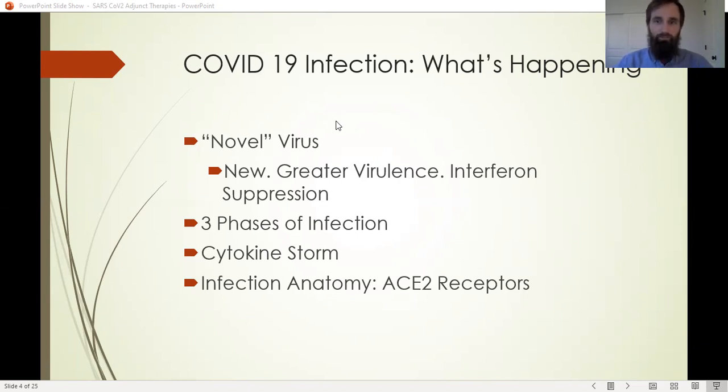So then we talked about the infection anatomy. The ACE2 receptors are what the spike protein is binding to, and the ACE2 receptors are most present in the bowel, in the lungs. Also, I didn't mention they're very present in the heart tissue, and in your vasculature as well.